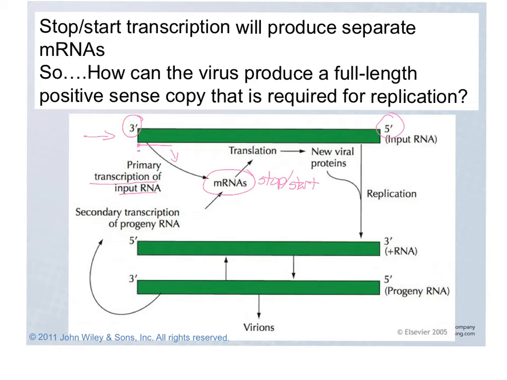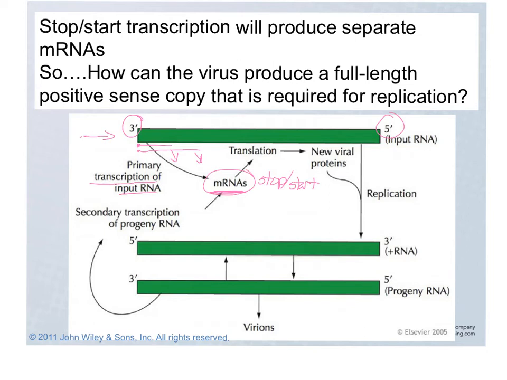And then it sits down again, and it may transcribe a little further, but it falls off. And that's fine. That's a great mechanism for producing separate messenger RNAs that can all be modified to look like the host messenger RNAs.